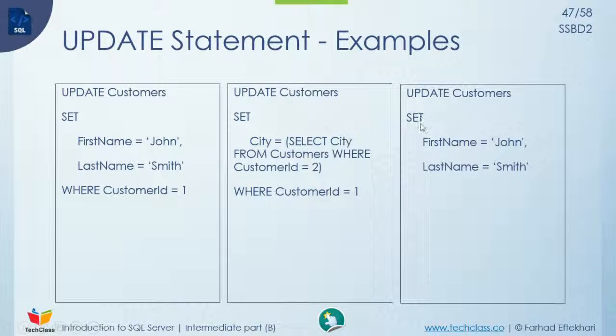And in this example, for all of the rows in the customers table, their first name and last name are going to be changed to John and Smith because we don't have any where condition here.